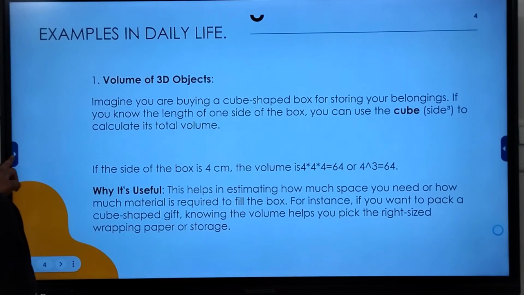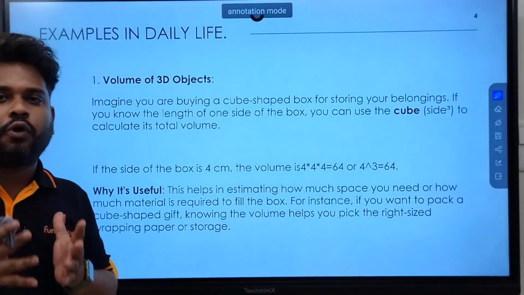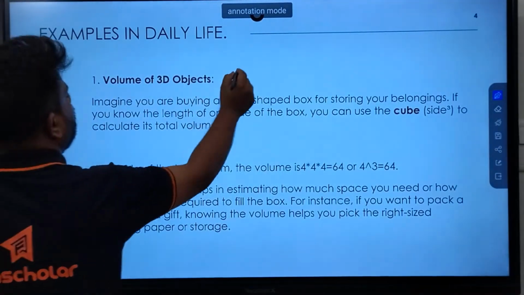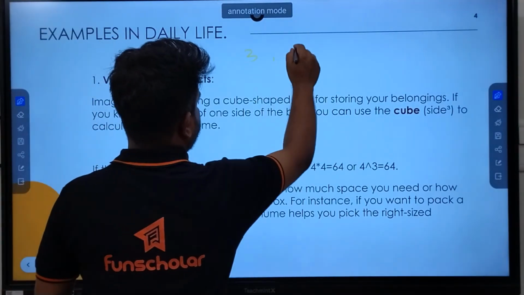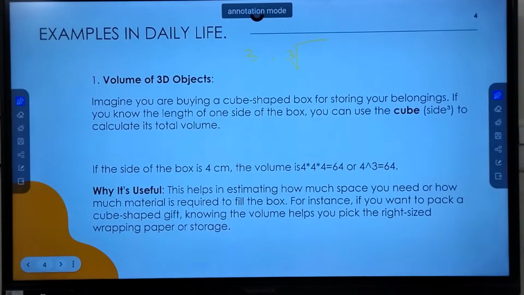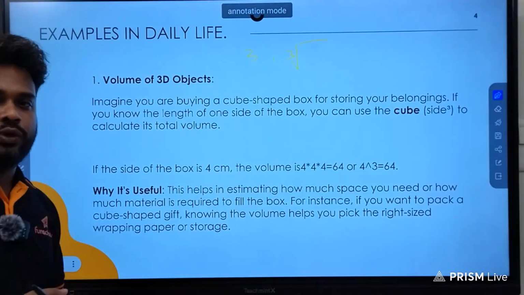So, volume of 3D objects. To check the volume of any 3D object we need cube and cube roots, right? Imagine you are buying a cube shaped box for storing your belongings. If you know the length of one side of the box, you can use the cube to calculate its total volume.